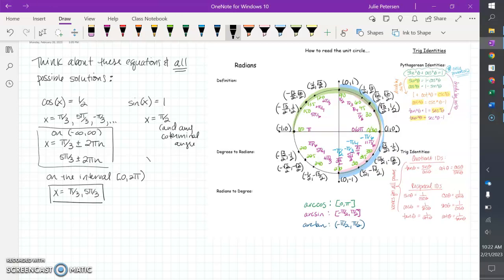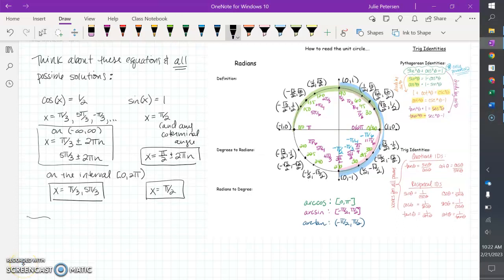The way that we indicate that is like we just talked about. We take that pi over 2 and then plus or minus 2 pi n. If we want to limit it to the interval from 0 to 2 pi, then we just say x equals pi over 2. So just pay attention to that distinction.